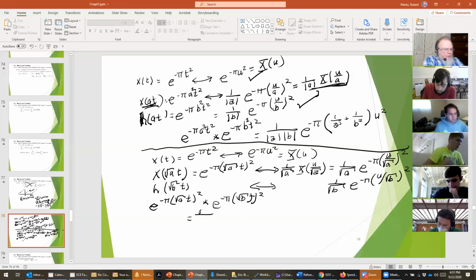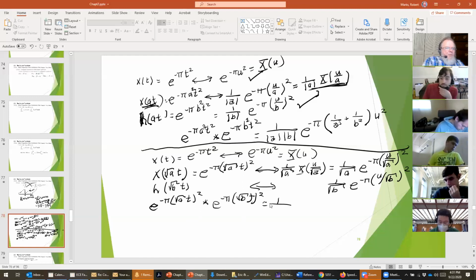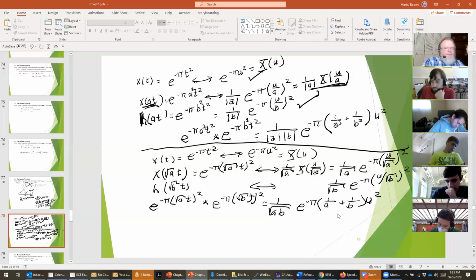You know what? I'm going to try to put this on a single line because I'm going to run out of board here pretty soon. That's equal to 1 over square root of AB times e to the minus pi, and then I'm going to get 1 over A plus 1 over B times u squared, right?